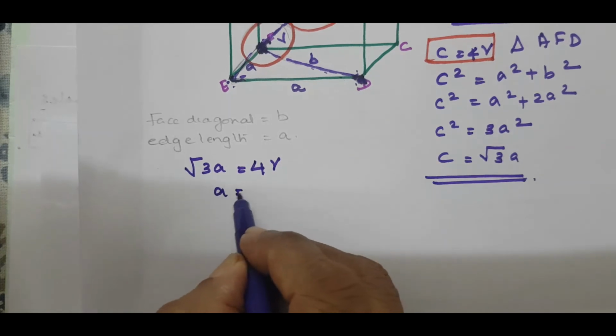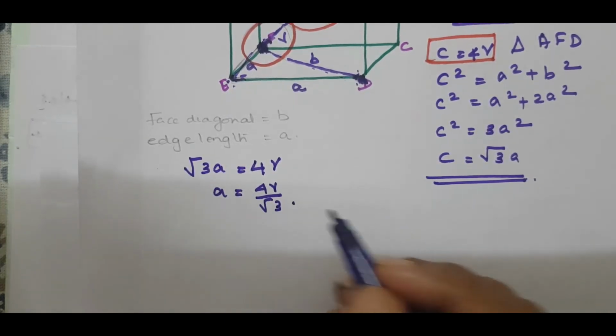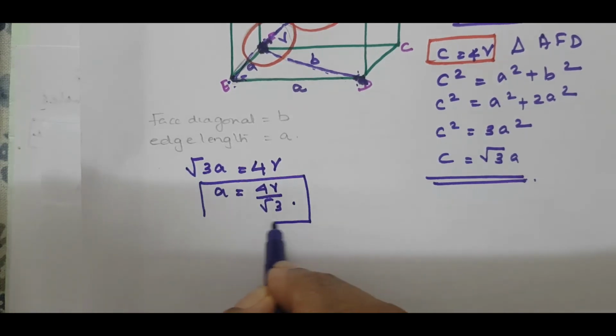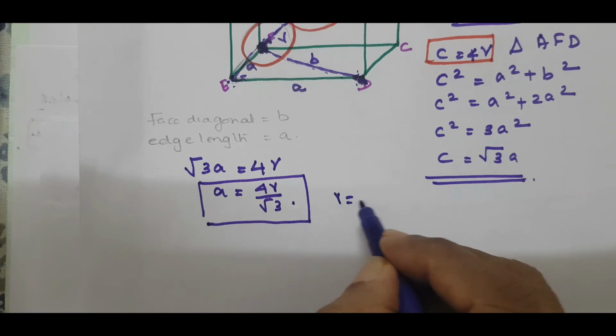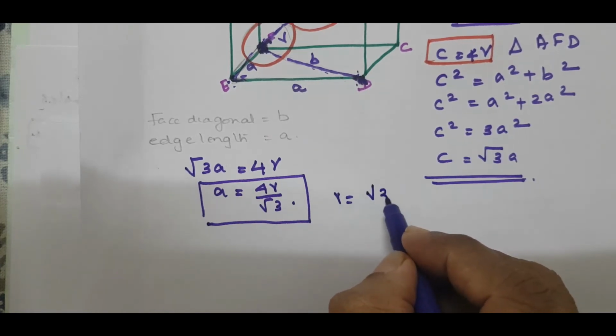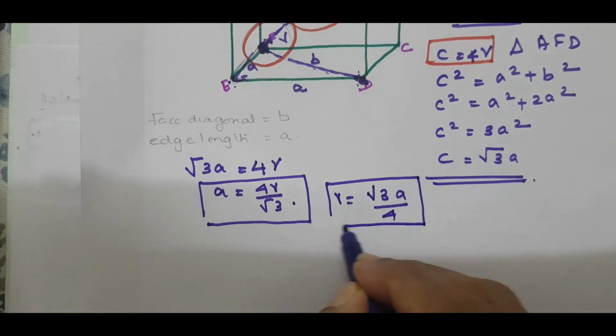Or I can write A is equal to 4R by root 3. Correct? So we got the A. Or I can write R is equal to root 3A by 4.